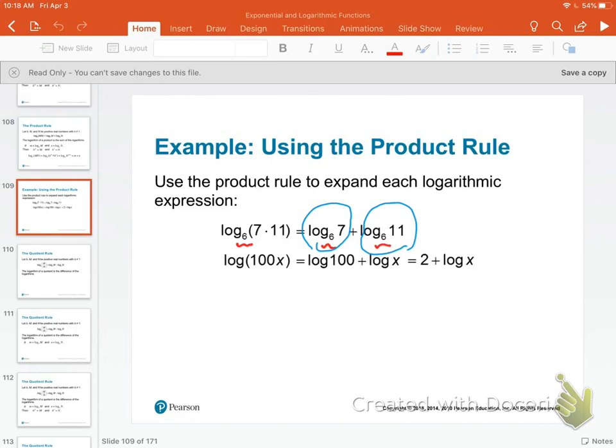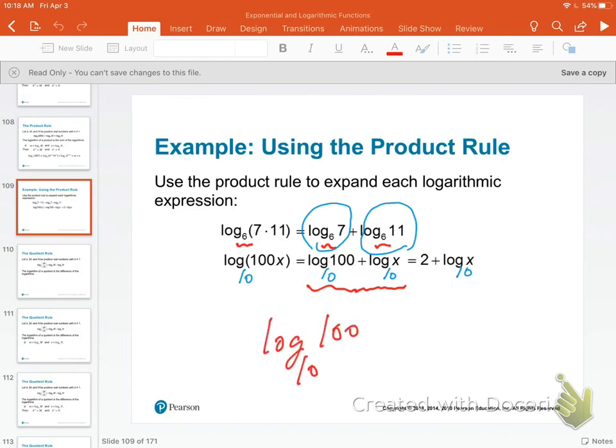In the next example, there's no base here, so it's the common log. No base means base is 10. If you want, you can add the base here. The product is 100 times x, so we got log 10 of 100 plus log 10 of x.